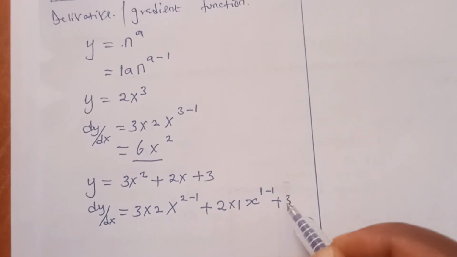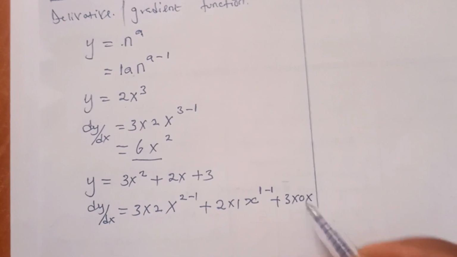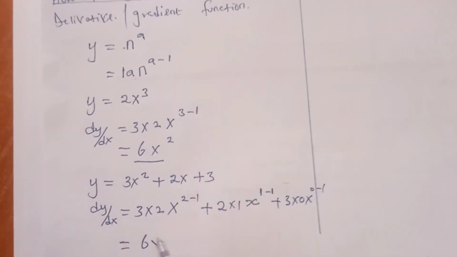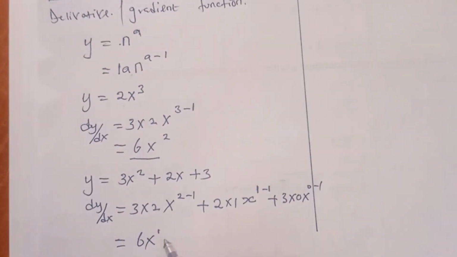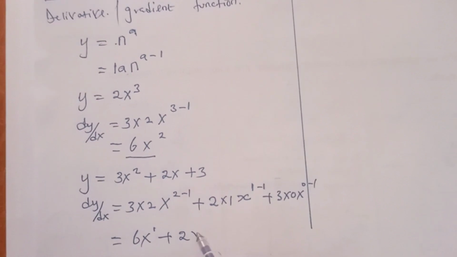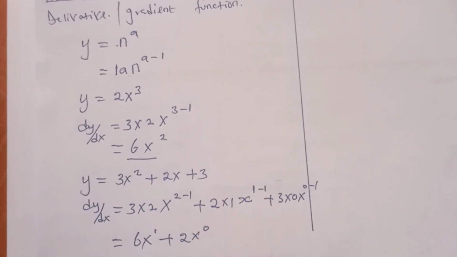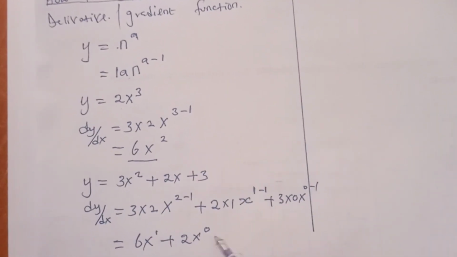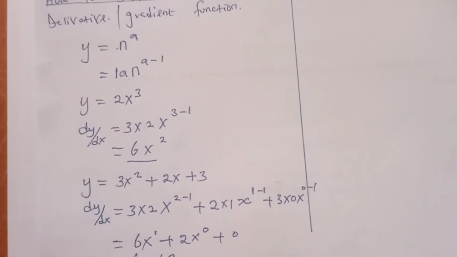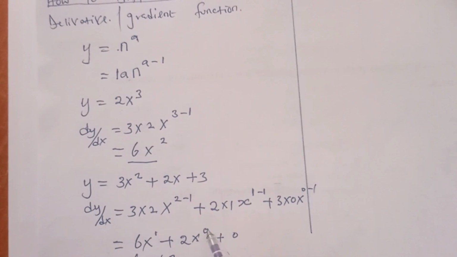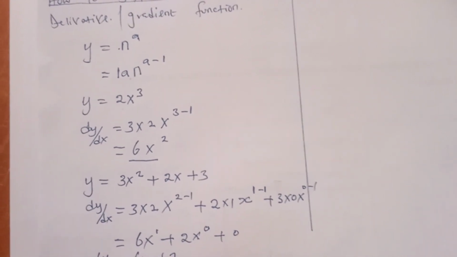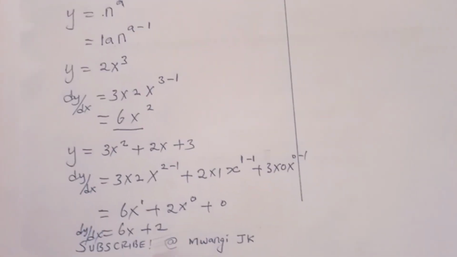Then 3 is as if it is 3x to power 0, so 3 times 0 times x to power 0 minus 1. And then we have 6x to power 1 plus 2 times x to power 0. Anything raised to power 0 is equal to 1, plus 0. The last term becomes 0 because anything multiplied by 0 is 0. So therefore the answer will be 6x plus 2.